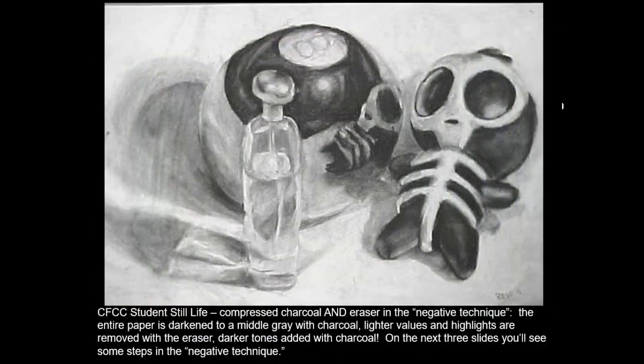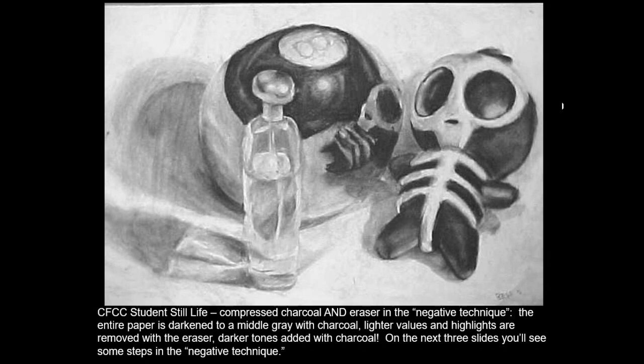Another technique that you can do with charcoal that I find really helpful is the technique that was used to make this drawing, which we call the subtractive method or the negative technique. So in this kind of drawing, you coat your paper with a dark medium value of charcoal and then use your eraser to sculpt or remove the areas that are lighter values down to the white.